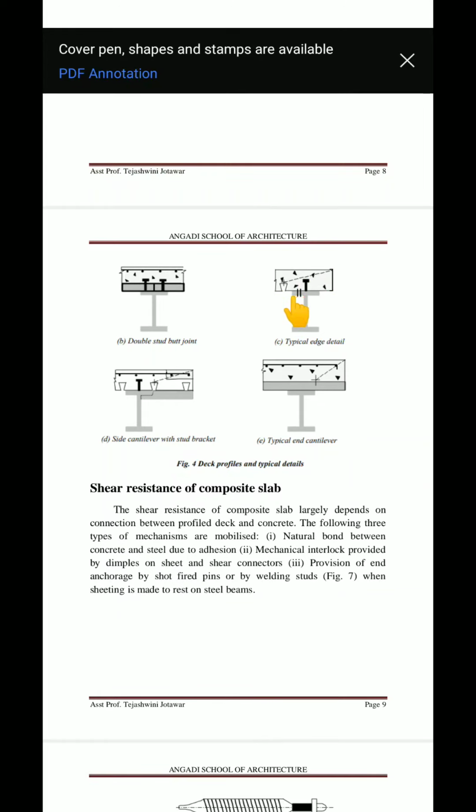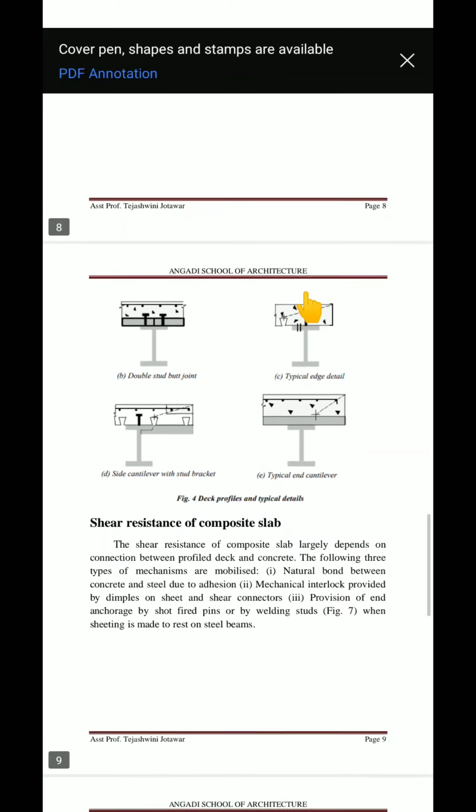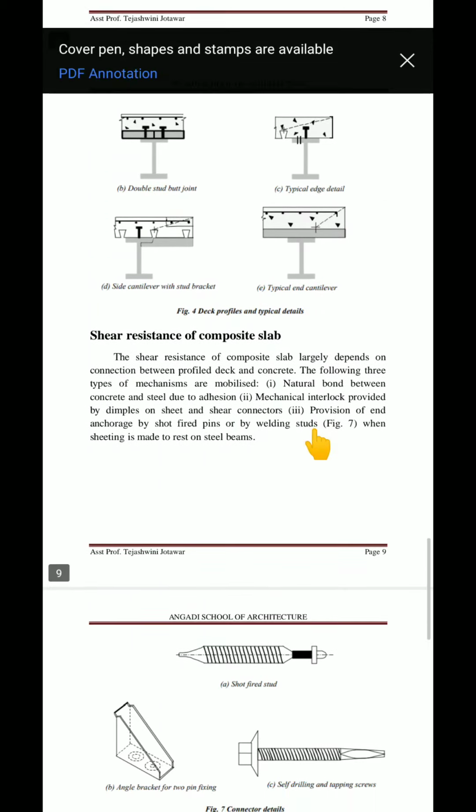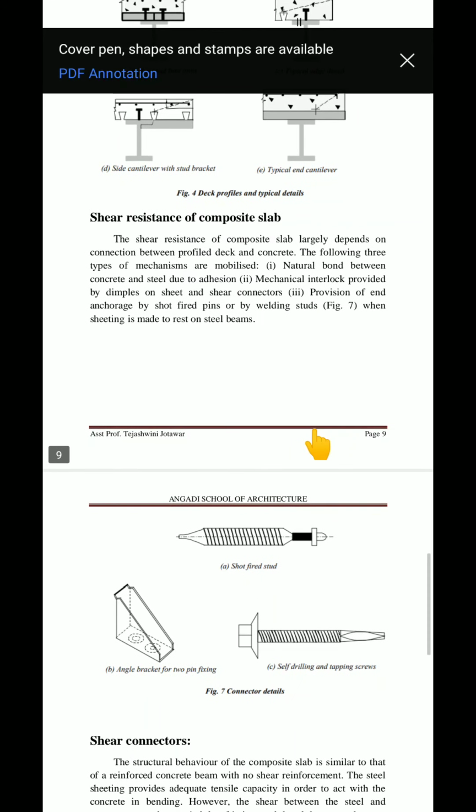A horizontal distance should be maintained such that it does not cut a shear connector. Here also, from the top, wherever there is a side cantilever and wherever there is an end cantilever, a member should be provided in such a way that the 45 degree load distribution line should not cut the member in the corrugation or wherever a beam and a column are joined. At that point, a member should not be present. It should have a certain cover length.